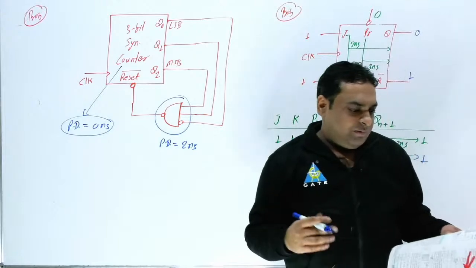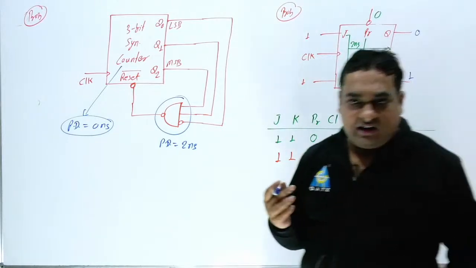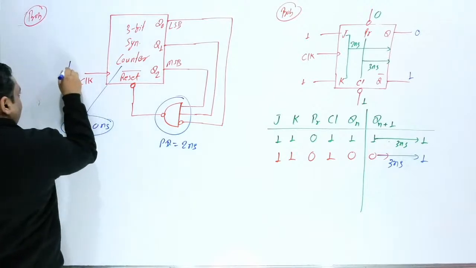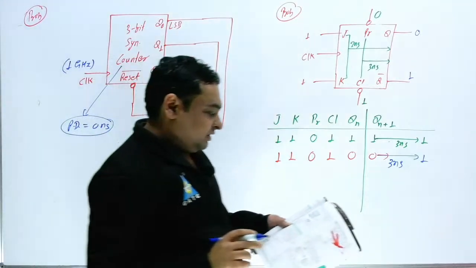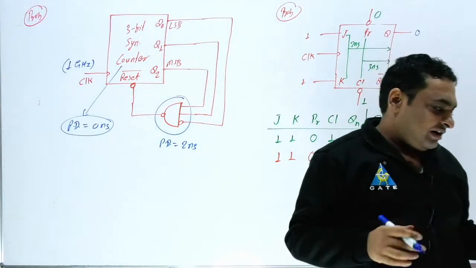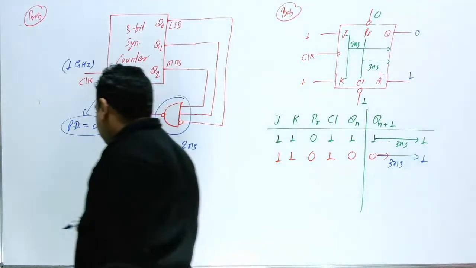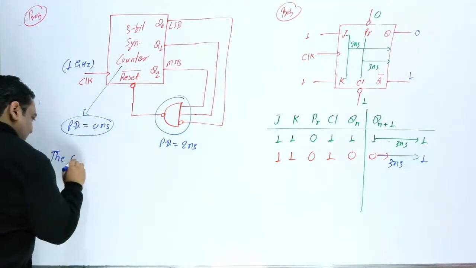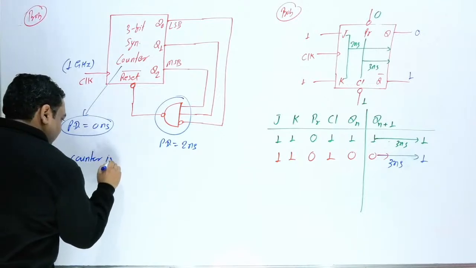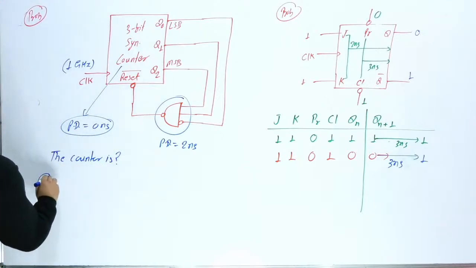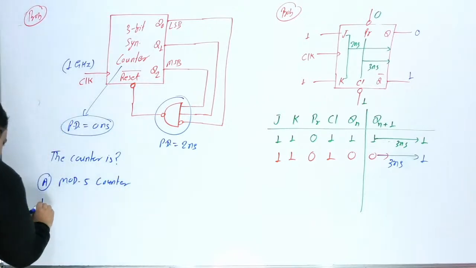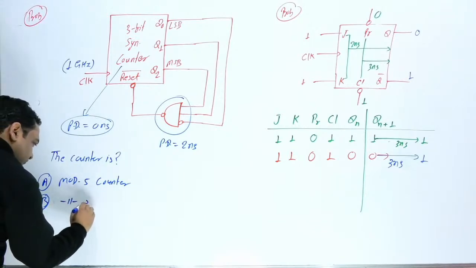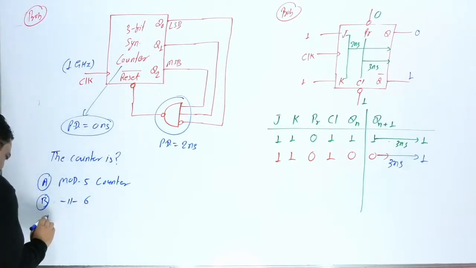Now if the clock frequency is 1 gigahertz, then the counter behaves as, 4 options they have provided: mod 5 counter, mod 6 counter, mod 7, and mod 8.